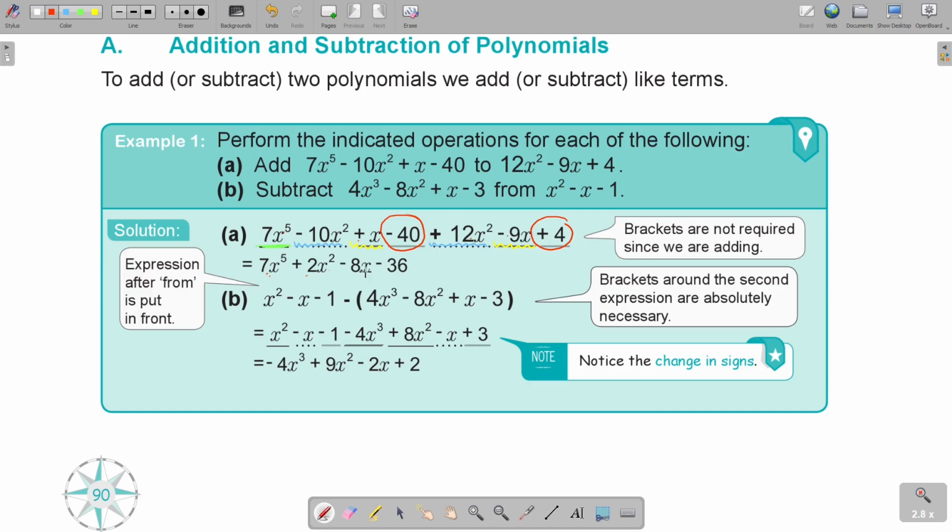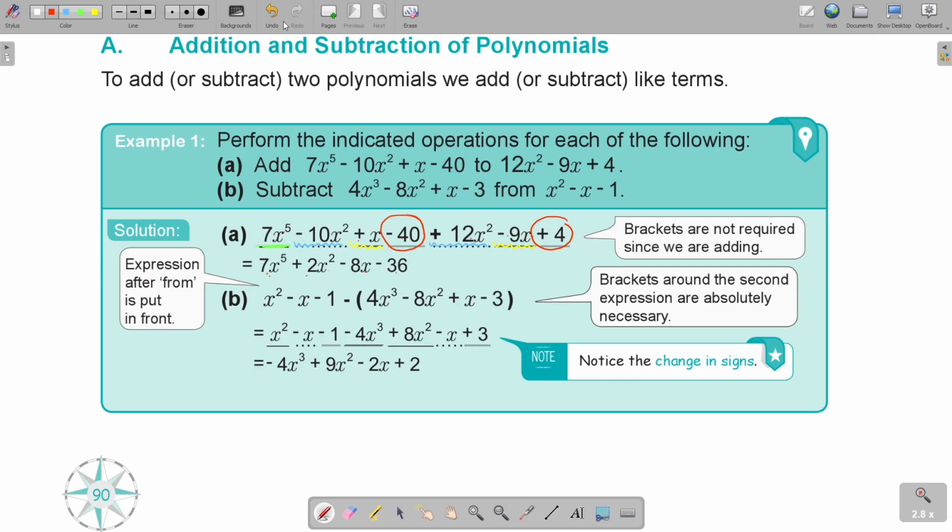And keep your variable. It's not multiplication, it's addition and subtraction. Then this one, it's different signs, so I subtract and I take the sign of the biggest one. Otherwise, just press on your calculator, negative 40 plus 4, and you get negative 36. And so this answer has 4 terms.